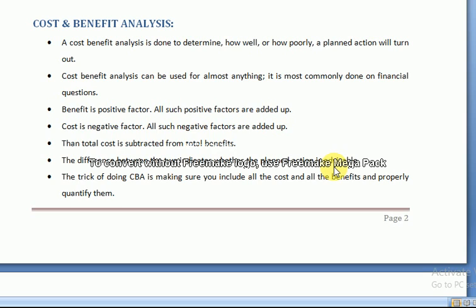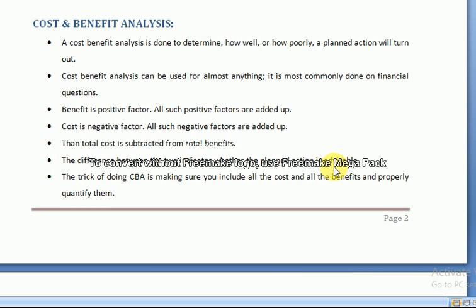So we will make a comparison, doing the CBA analysis of the old as well as the new. In this way we will find the differences, and that difference will help in decision making.